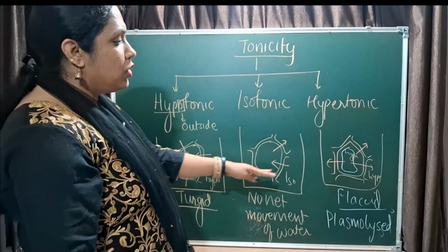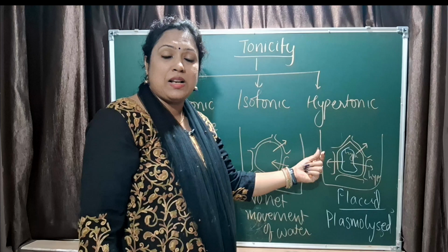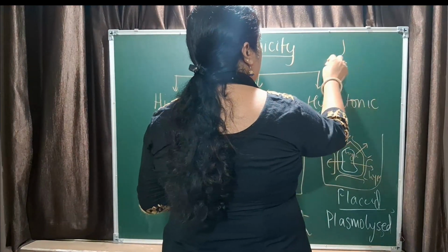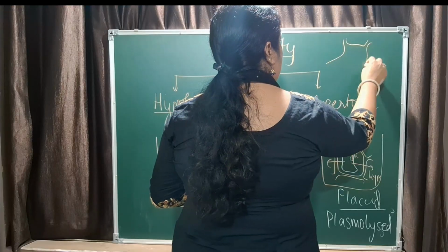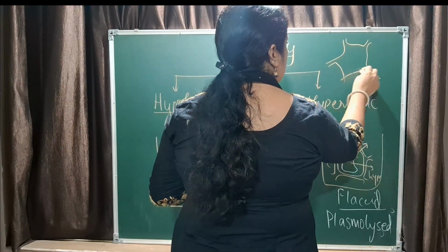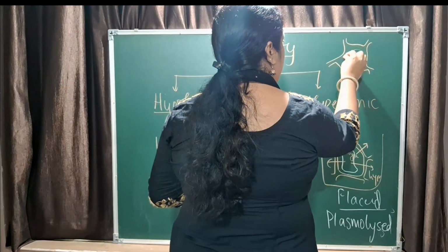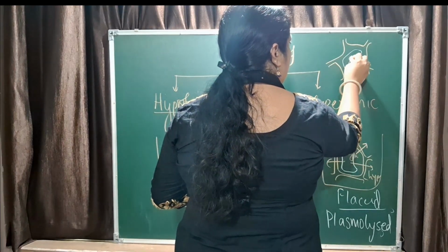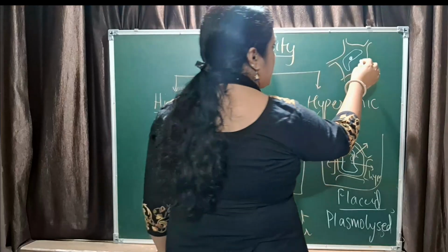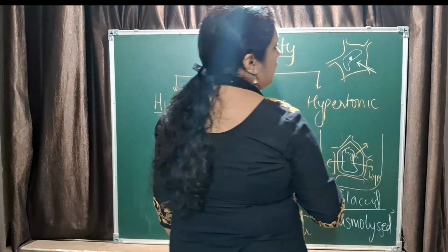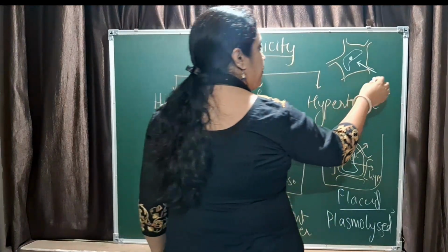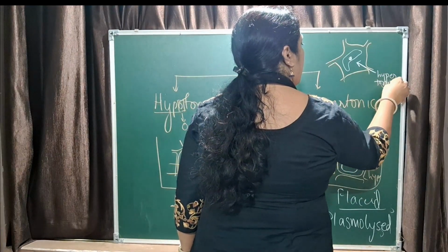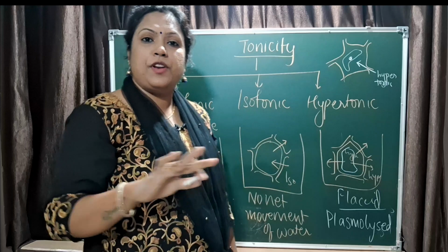Is that clear? So here the loss of water will make the cell membrane shrink. You know that the cell wall will not change its shape. It is the plasma membrane which will shrink inside, and the place between the cell wall and the plasma membrane will be filled with the hypertonic solution, because the cell wall is freely permeable.